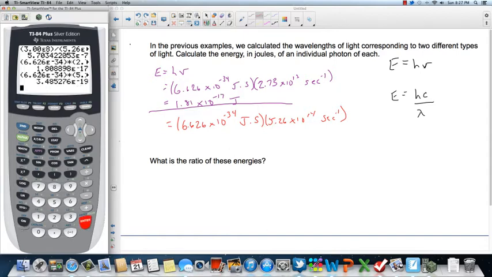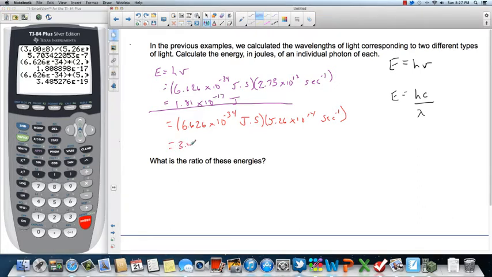And what we get is 3.485, or we'll call it 3.49 times 10 to the negative 19th joules.